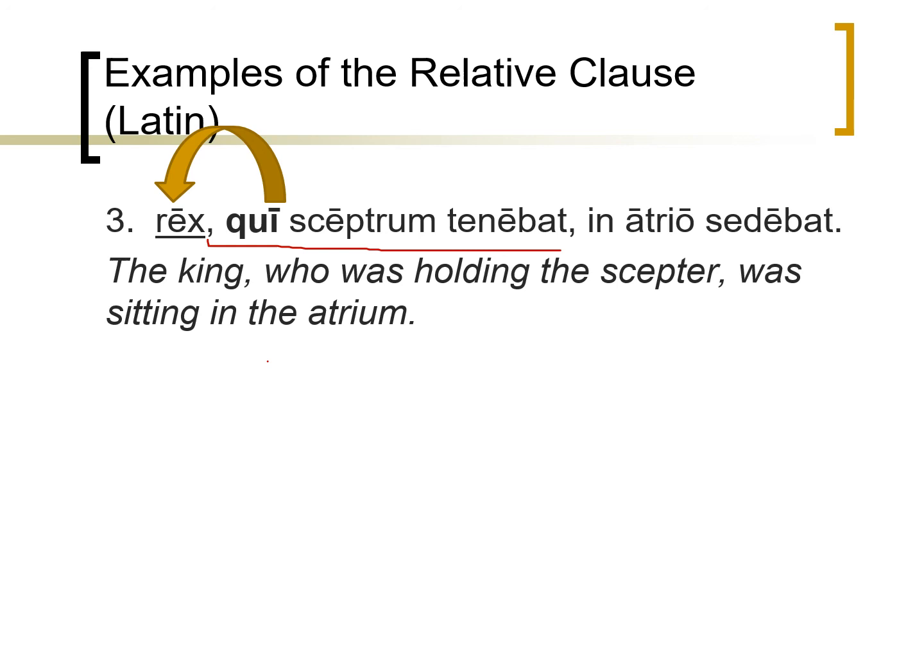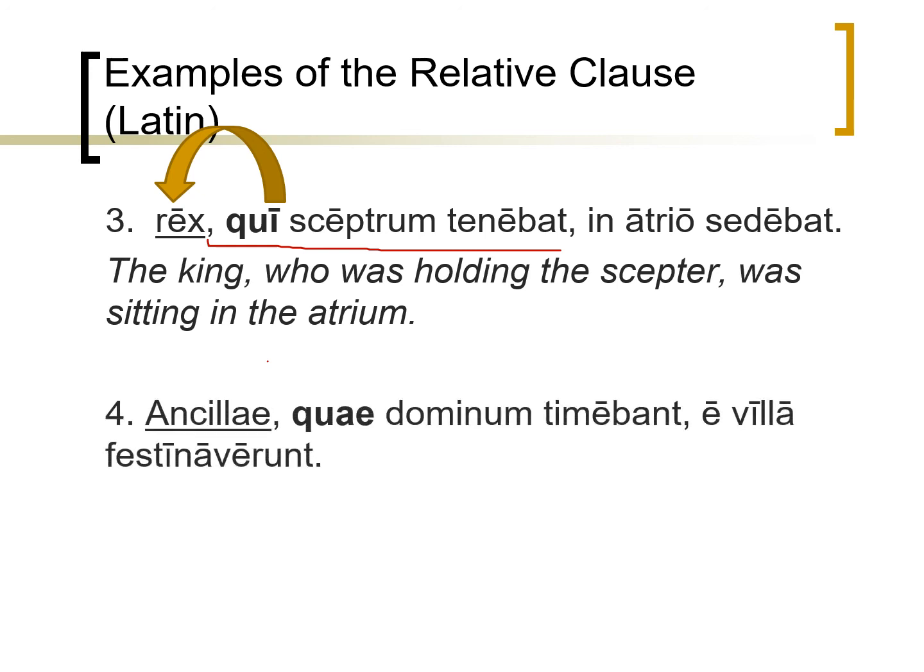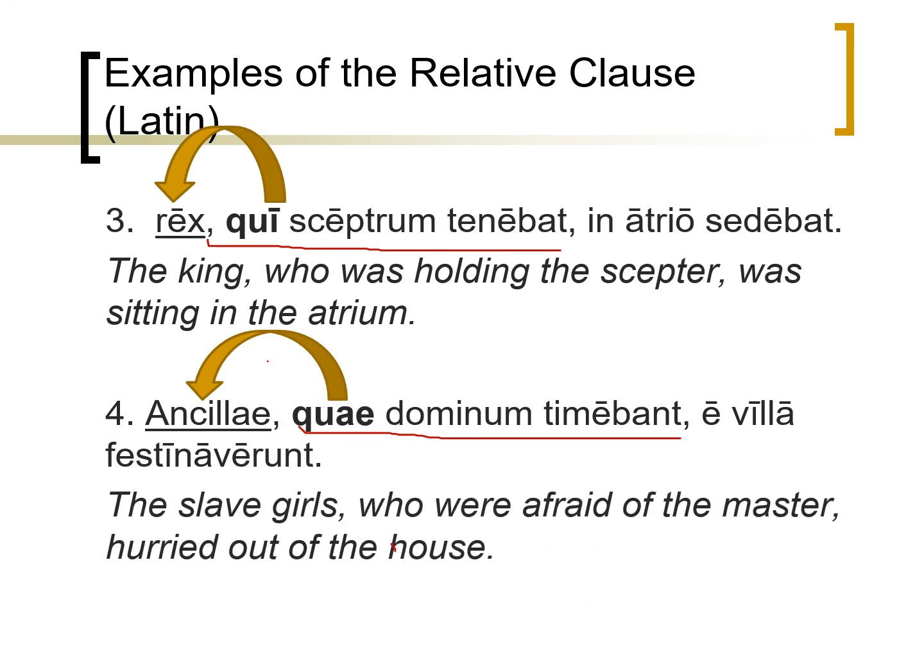So it tells us more about which king, the one who's holding the scepter, because it relates back to that. Ancillae quae dominum timebant e villa festinaverunt. Relative clause: quae dominum timebant, referring back to ancillae, and quae is replacing ancillae. It is the antecedent. And it means the slave girls who were afraid of the master hurried out of the house.